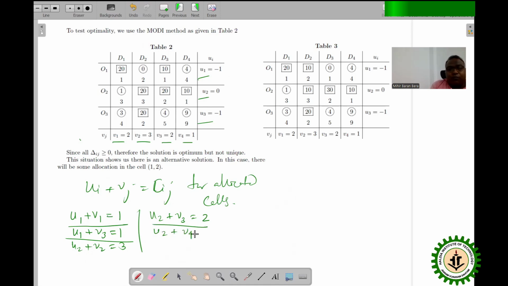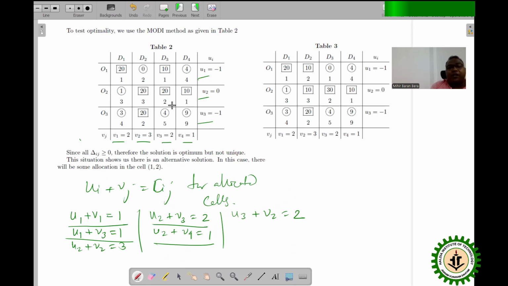U2 plus V4 is equal to 1. And lastly, U3 plus V2 is equal to 3. So in total, you are getting 6 equations.